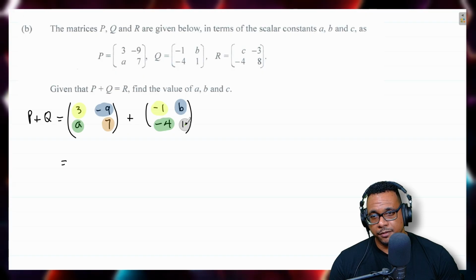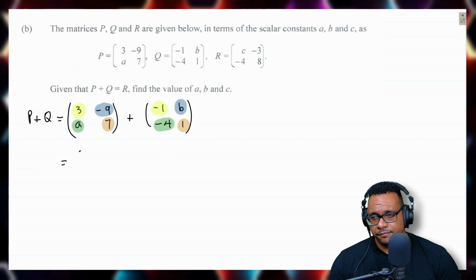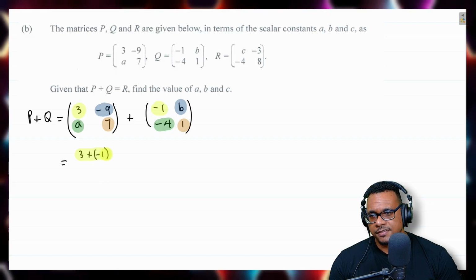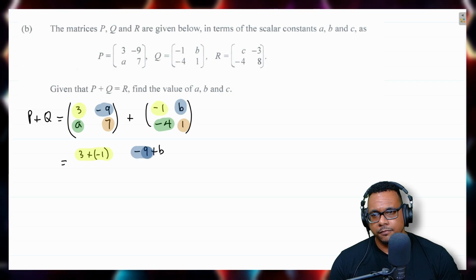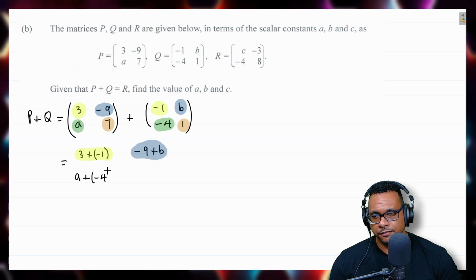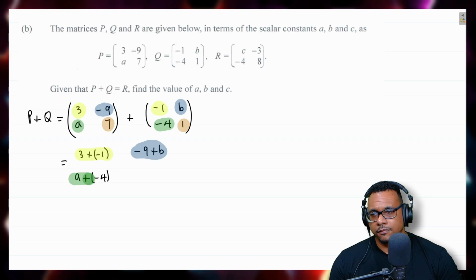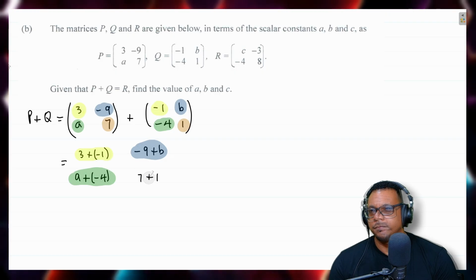And this 7 will line up with this 1. So we're going to have this 3 plus negative 1. Then we have negative 9 plus B. Then we're going to have A plus negative 4. And then we're going to have 7 plus 1.